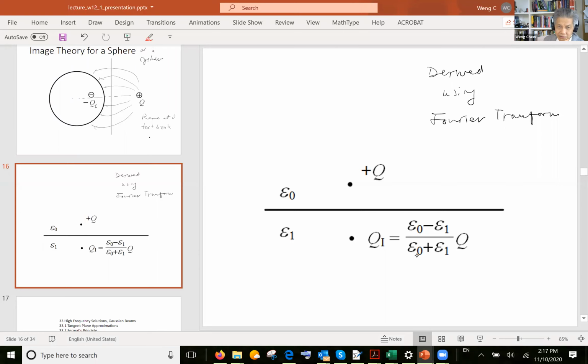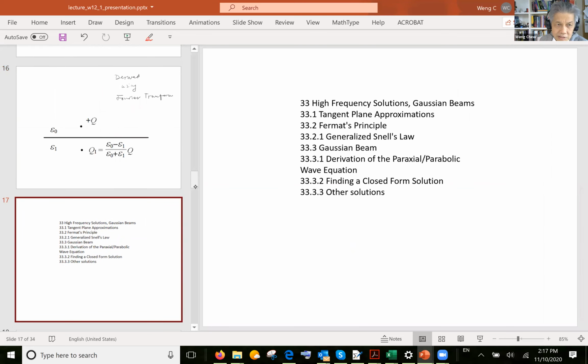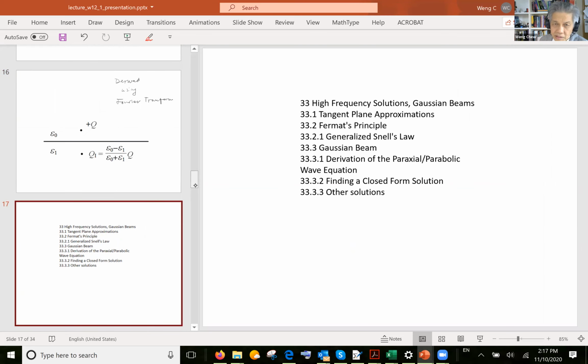But once you know how to do that, you can show that such an image exists. I'm not holding you responsible for this image theory, but I just want you to know that this image theory exists, and you know where to look it up. You can look it up in my textbook if you want. Okay. So let me go on. Any questions regarding image theory?